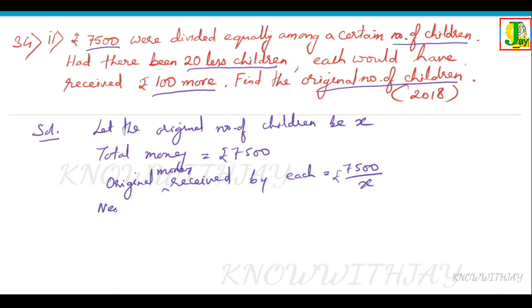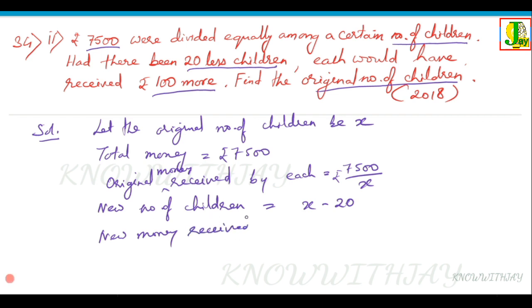Now the new number of children: this is the condition when you have 20 children less, so that's x minus 20. The new money received by each, when we have 20 children less, is 7,500, the total amount, divided by x minus 20.